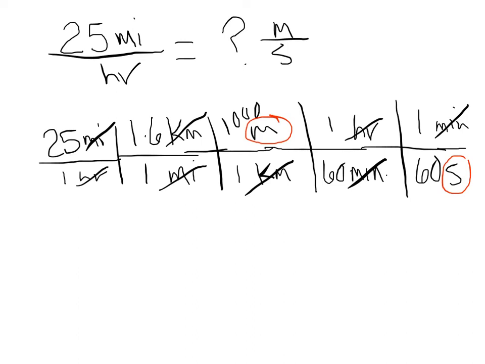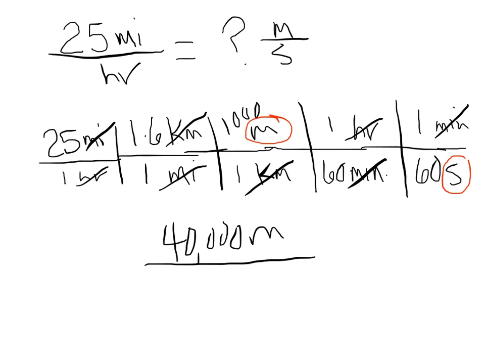Okay, so I'm going to multiply across the top. I'm going to take 25, multiply by 1.6, multiply by 1,000, times 1 times 1. 25 times 1.6 times 1,000 equals 40,000 meters, because that's the unit that is left on top.